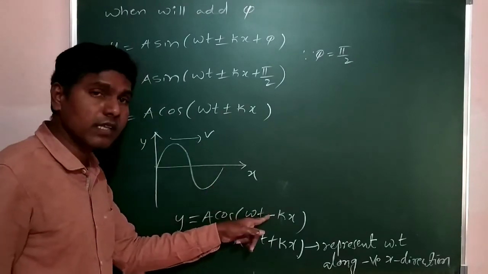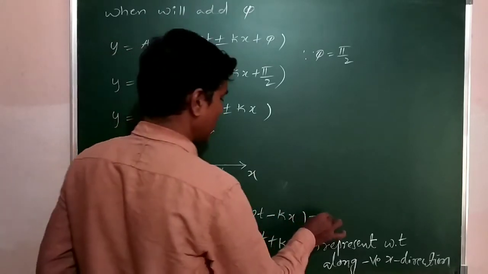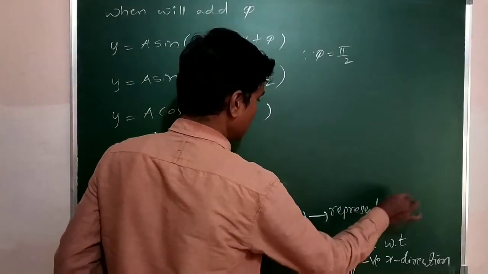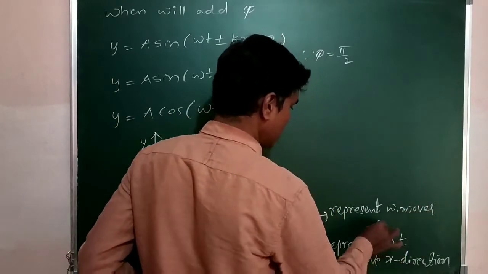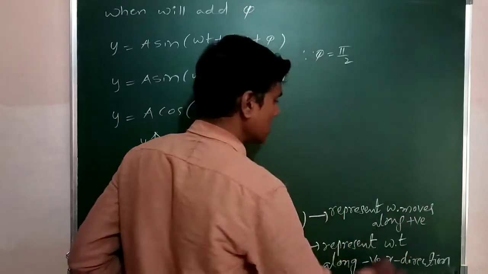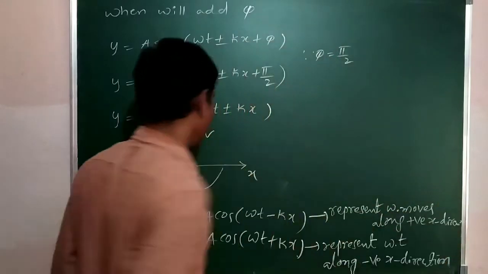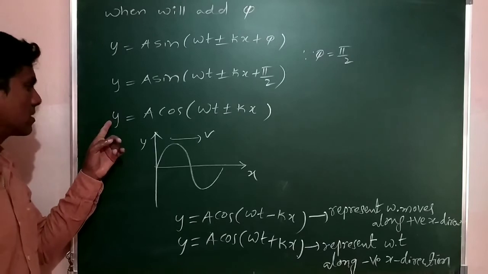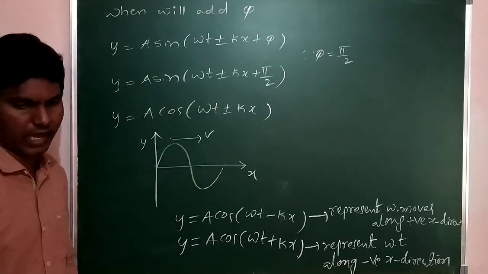If the minus sign is mentioned, your wave is moving along the positive x direction. The general formula is used as y equal to a cos of omega t plus or minus kx.